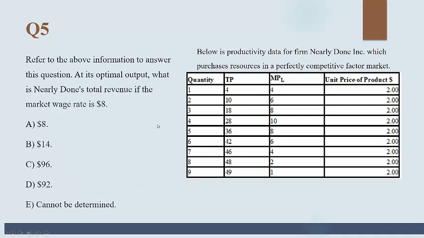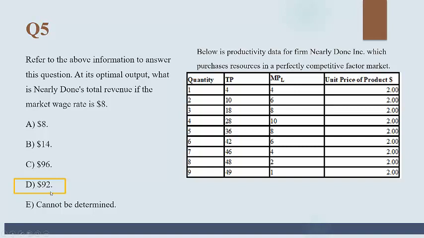Okay, question 5, same table here. Now it's saying, at its optimal point, what is Nearly Doan's total revenue if the market wage rate is $8? Okay, so pause it, and then we'll see how you do. Okay, so the correct answer here is, of course, $92.